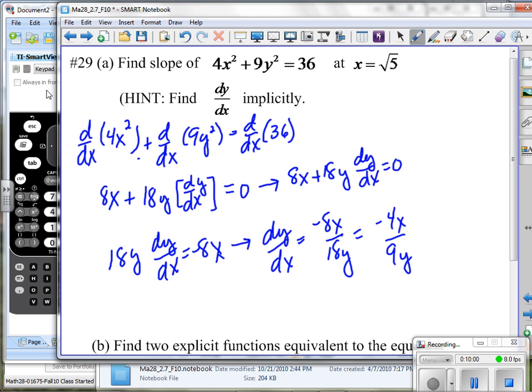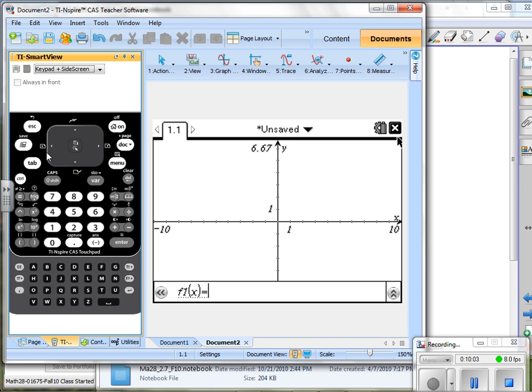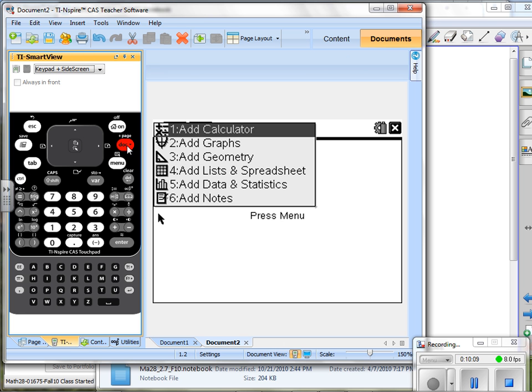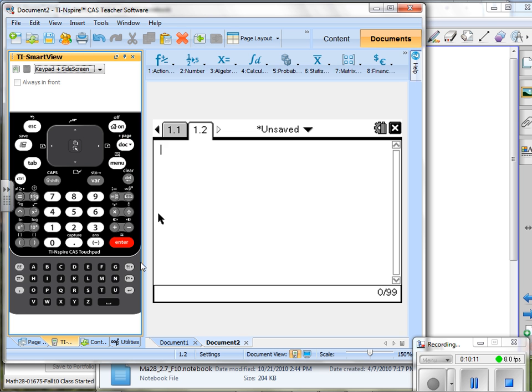Now I didn't show my Math 50 classes this, so I'll show this to you. Go to your Inspires, add a calculation page. Some of you, any of my students I have in classes, have been asking how to check your work with implicit differentiation. If you try it with the derivative template, you know it doesn't work. So here's what we have to do.